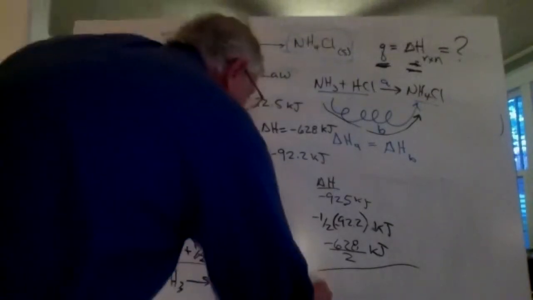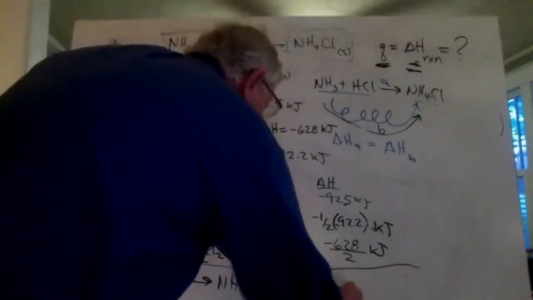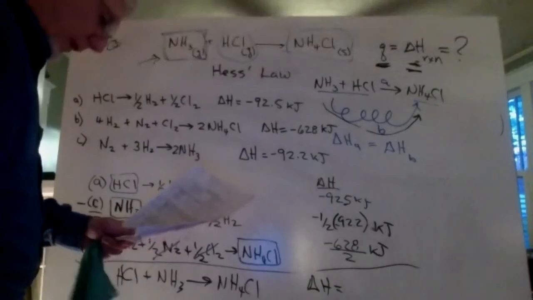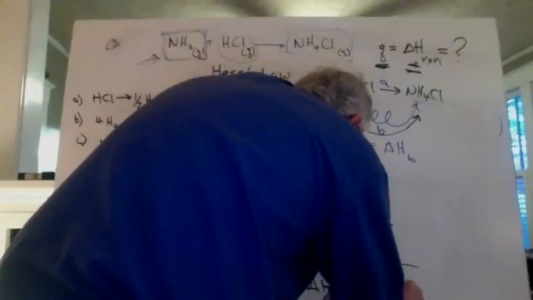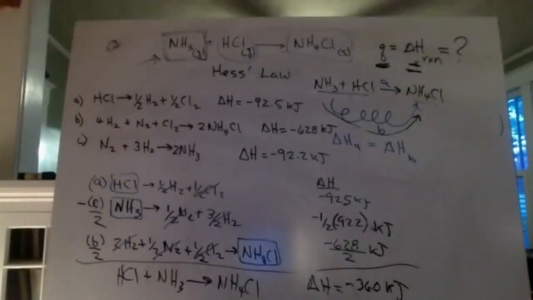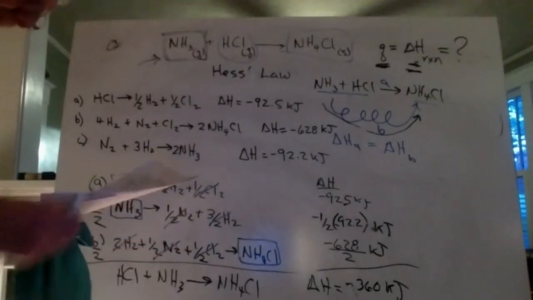Now to get the heat, all we do is add up the heats from these 3 steps. And if we do that, we get minus 360 kilojoules. And that is the answer for question number 3.